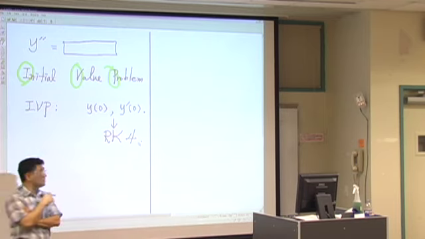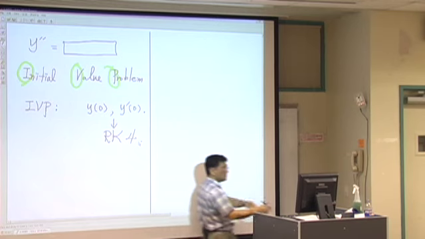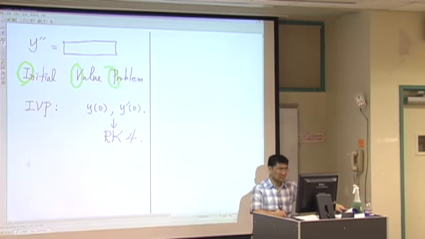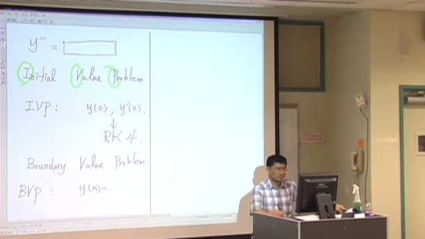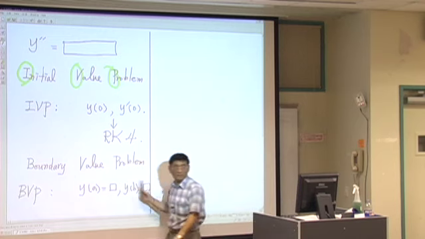Another type of condition is the boundary value problem. Boundary value problem can be given in this form, right? And this box can be any number.